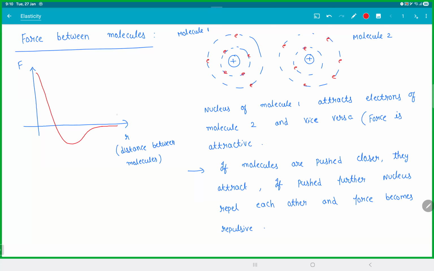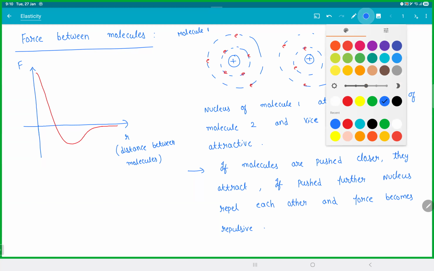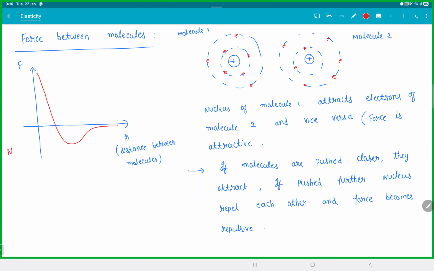So look at this graph. If R is very, very large, if R is infinity, the force is zero. This is slightly attractive, but the force is zero. If you bring them closer, meaning R is decreasing, the force is becoming more and more negative. Negative force indicates attraction.